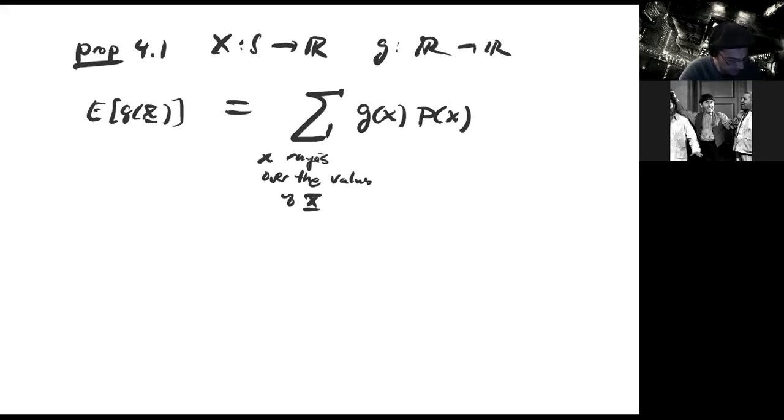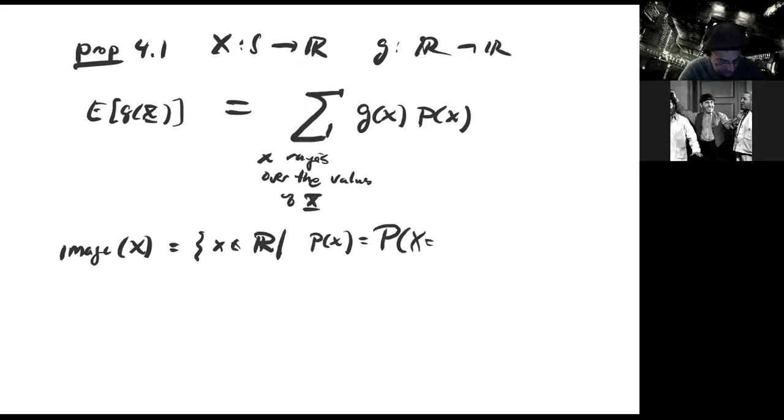In other words, another way to formulate this is let's call the image of X the set of all x in the real numbers such that P of x, which is of course the probability that X equals x by definition, is not zero.